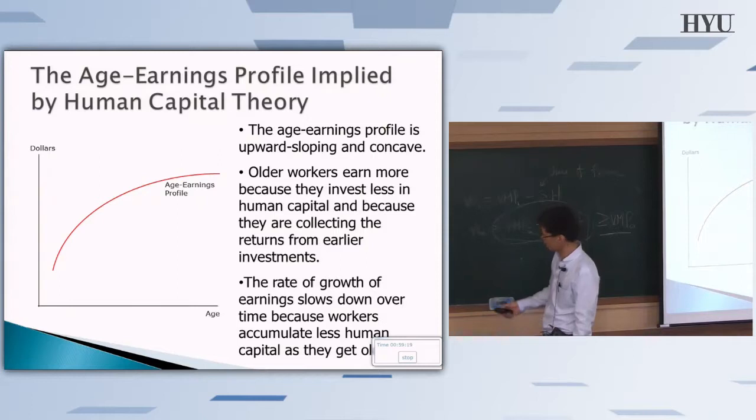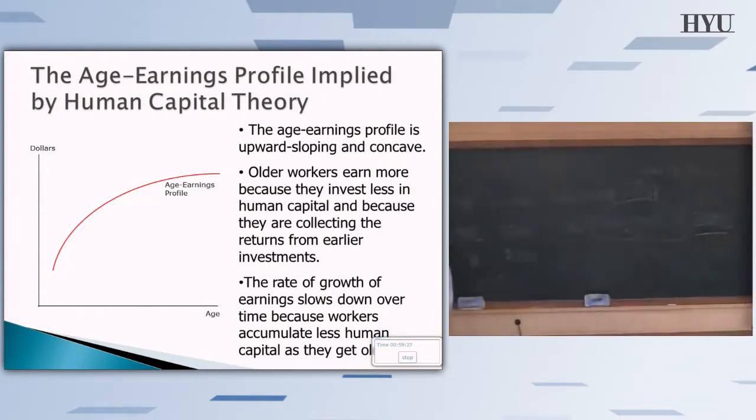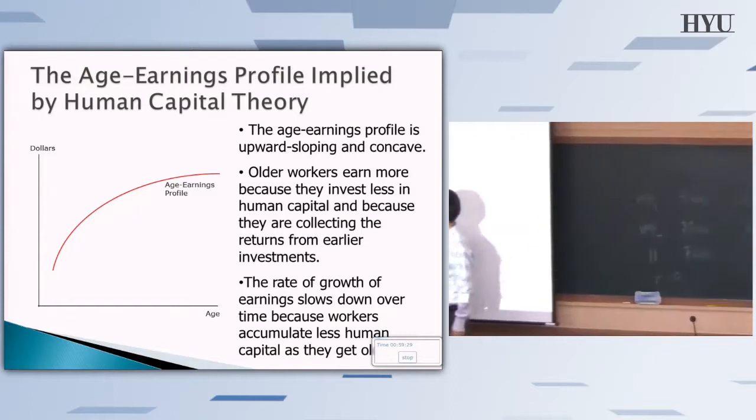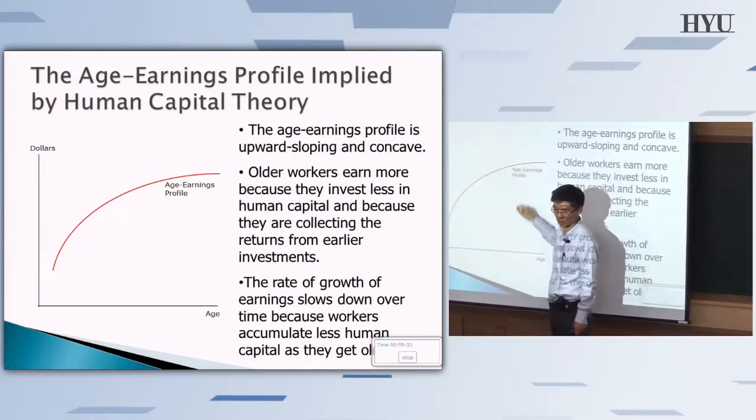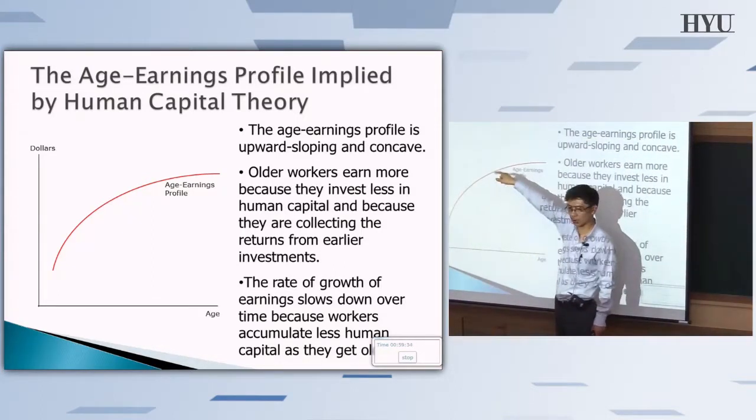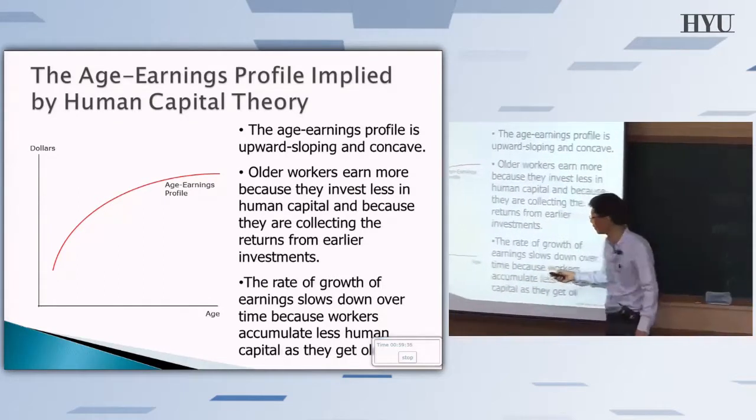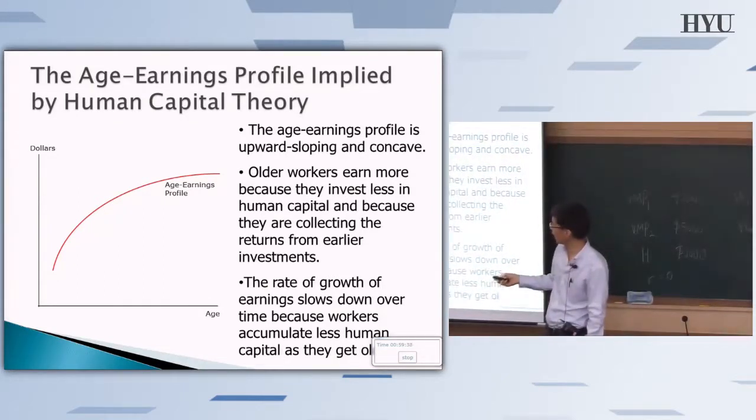So with this training, we can draw a theoretical shape of the age earnings profile. What is the age earnings profile? It's simply the relationship between earnings and age. So this is age and that's the dollars. The age earnings profile must be upward sloping. Why?